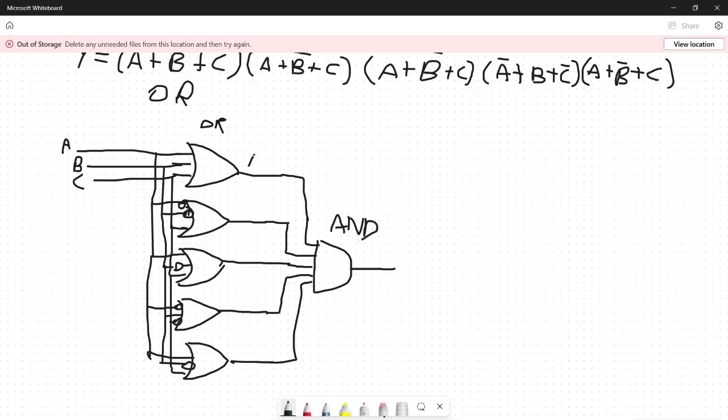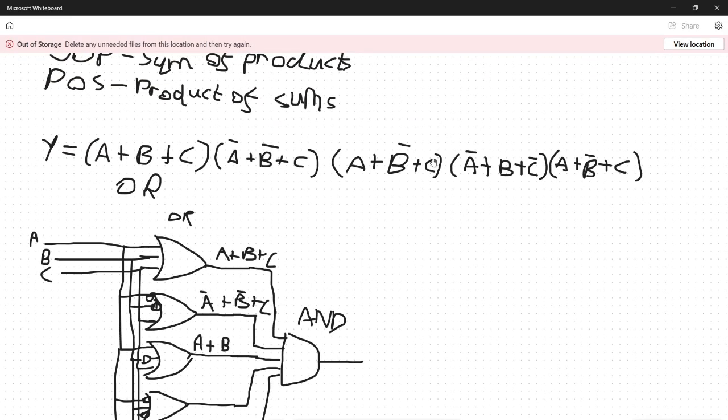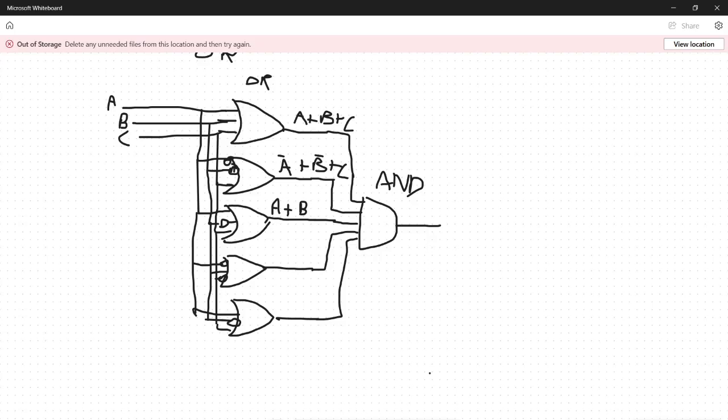And you notice this is our A plus B plus C. This has the input of A inverse plus B inverse plus C. This has the A plus B inverse. Oh, I realized this is supposed to be C inverse, my bad. So I'm going to go back down here and I'm going to change that so this will be an invert.